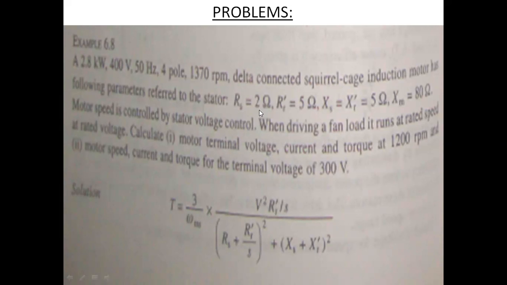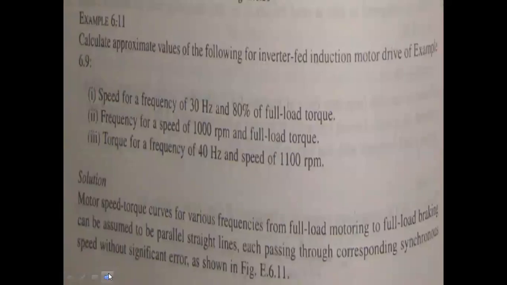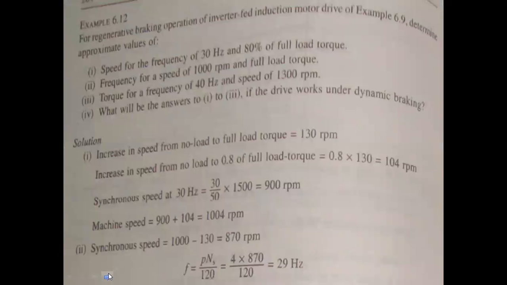And Rs is 2 ohms, Rr dash is 5 ohms, Xs equals Xr dash equals 5 ohms, and Xm is equal to 80 ohms. Now we have to find the speed for a frequency of 30 Hz and 80% of full load torque. So already we have done this.